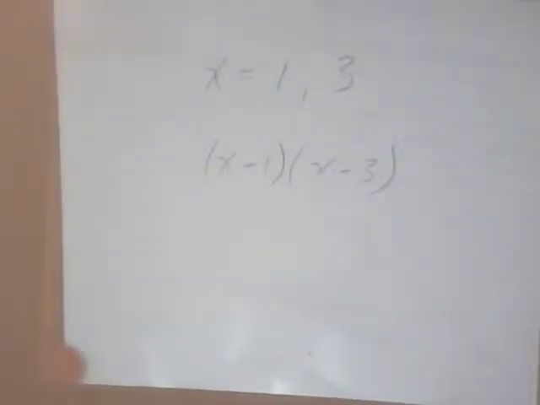Then you boil it out. And they want it in standard form, right now it's in factored form. So what do we gotta do? Boil it out. We gotta multiply it out, right?